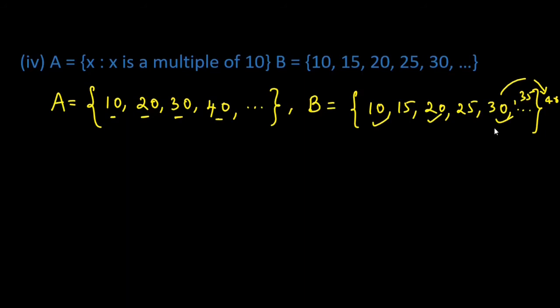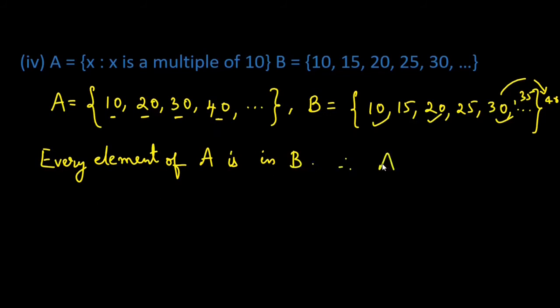So 40 is also there in B. Every element of A is in B. Therefore, A is a subset of B.